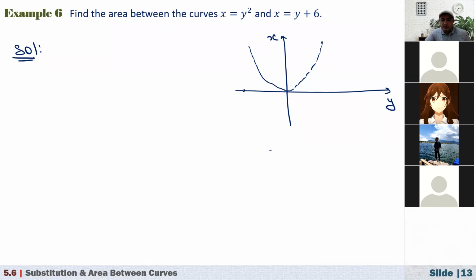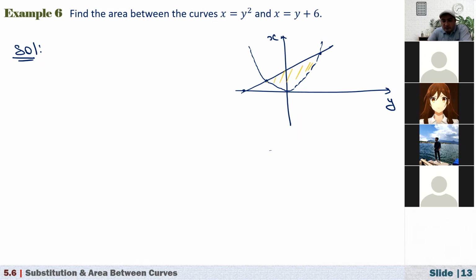Just draw it like this. It is something like this. So we are talking about this region.